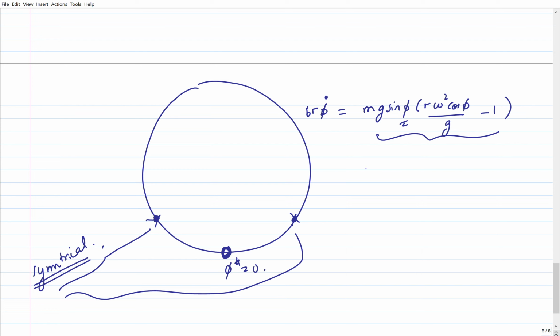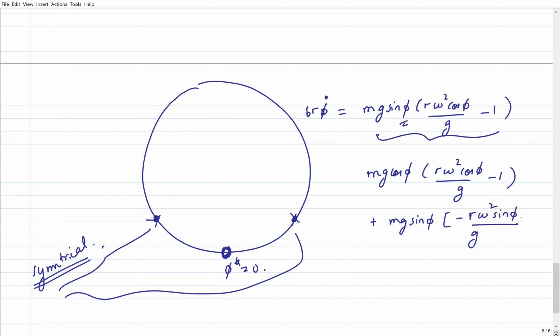The double derivative is going to be mg cosine phi times (r omega square cosine phi upon g minus 1) plus mg sine phi times the derivative of the term in the parenthesis, and all this is evaluated at phi star equals 0. The sine phi term is going to go away.